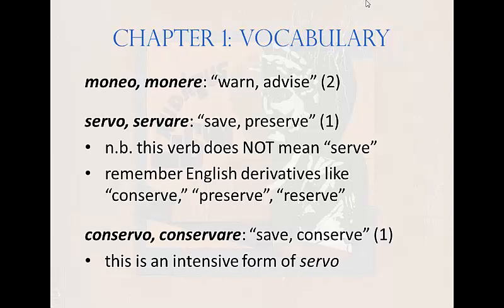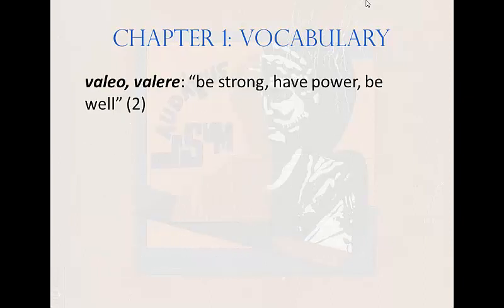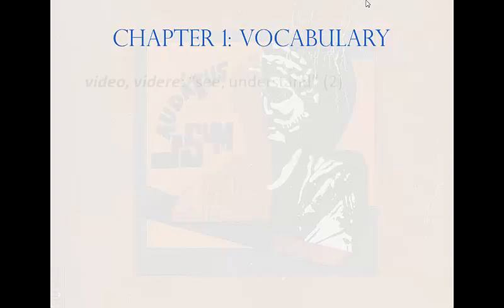The con on the front of the verb serves only to intensify the meaning. Valeo, valere, means be strong, have power, be well. It's a second conjugation verb. Literally, the verb means to thrive, but it's used often in its imperative, vale or valete, to mean goodbye. English does much the same with our verb farewell.